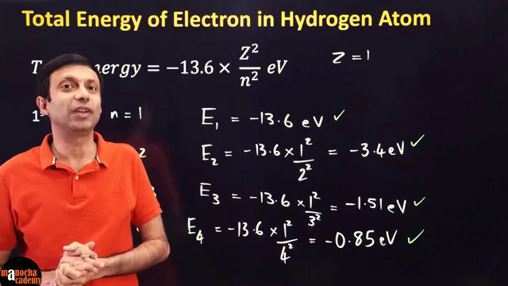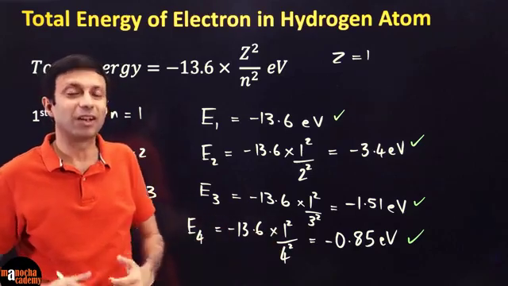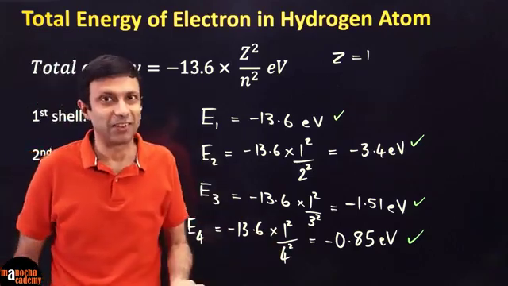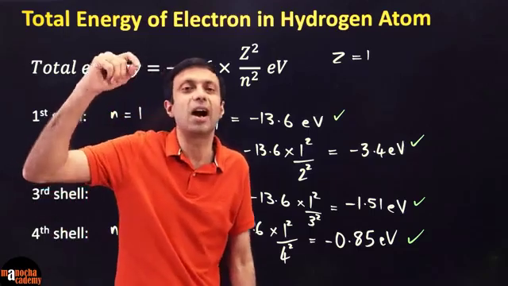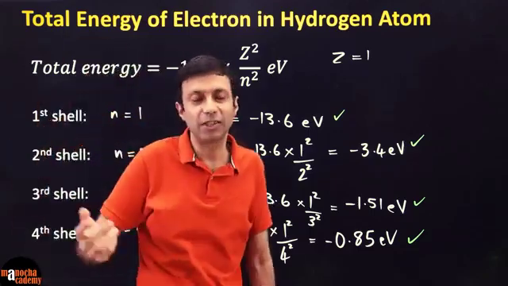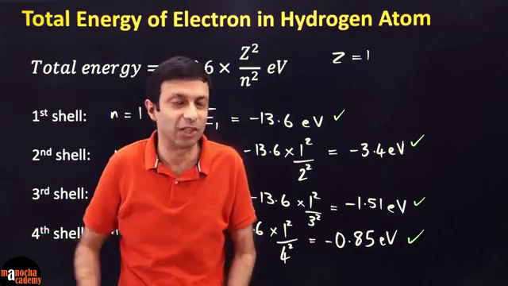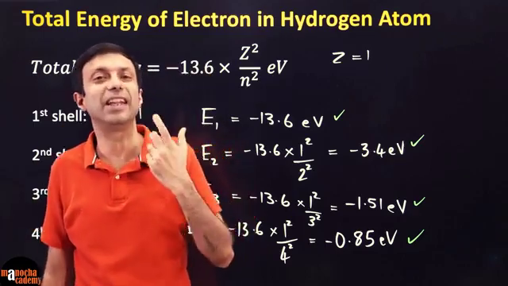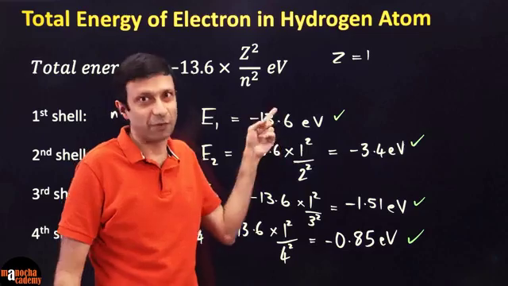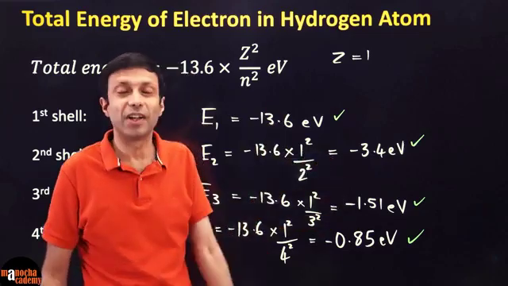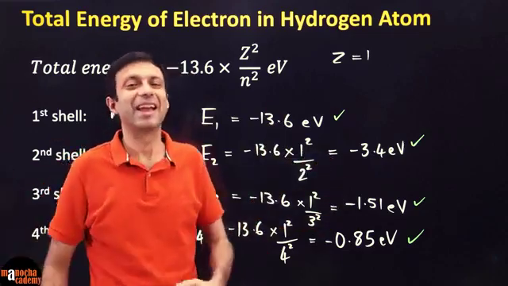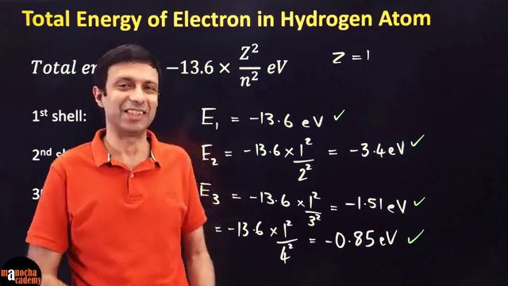So the energy of the electron, the negative number is becoming smaller. That means energy of the electron is increasing. Because remember, as you take it to a higher shell, you need to give it more energy. As the electron goes further and further away, its energy will increase. So minimum energy in the first shell, and as you move it ahead, go into higher shells, total energy of the electron increases.